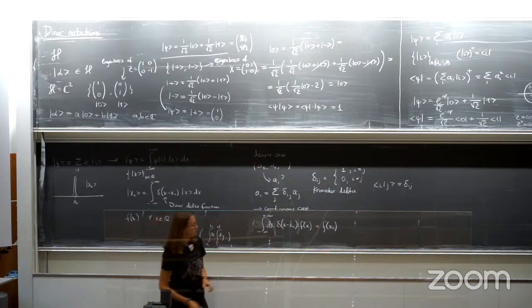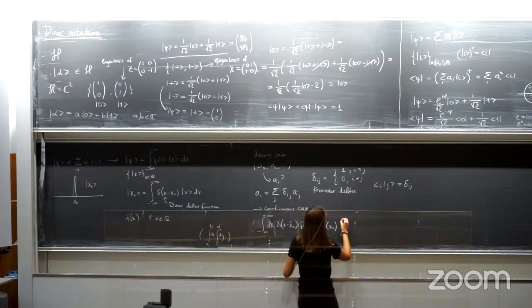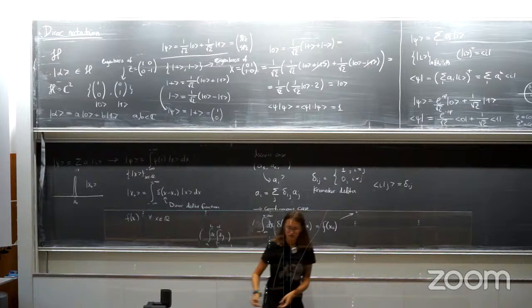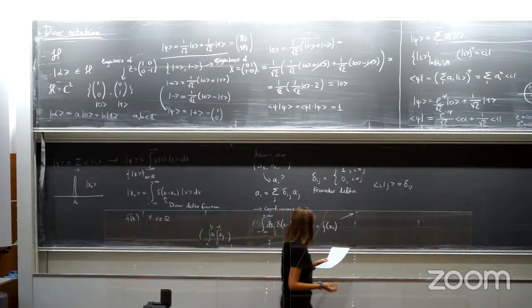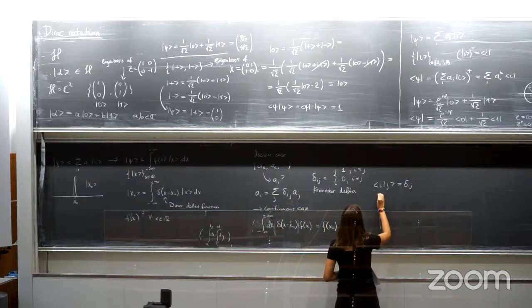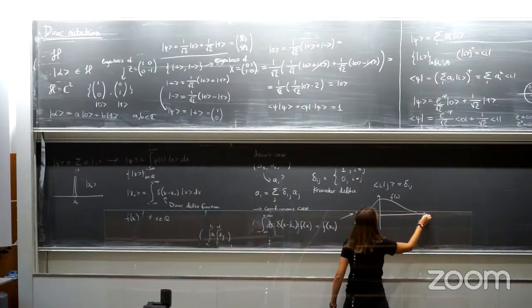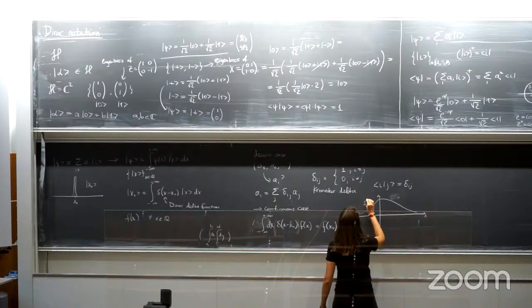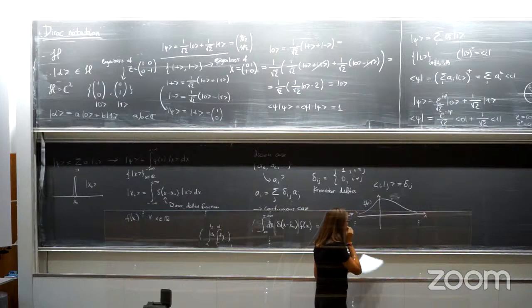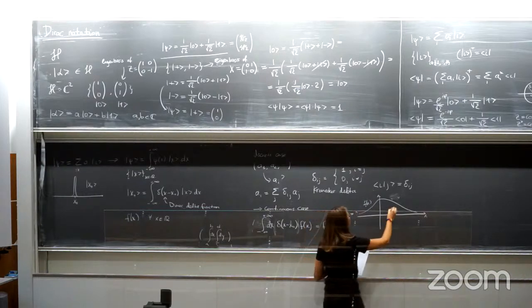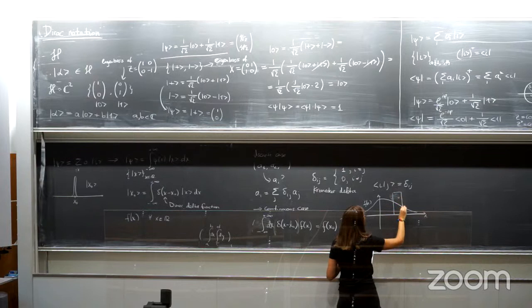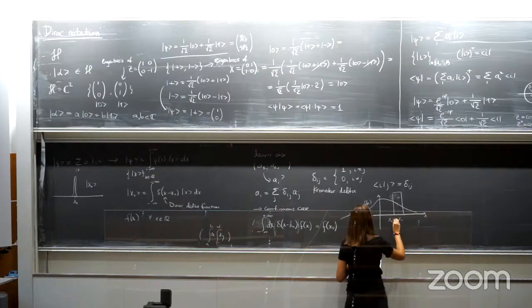Okay, so how can we see this delta function physically? Suppose that we have some function, which is f of x. What we start with is we take some infinitesimal window around the point x0, from x0 minus epsilon to x0 plus epsilon.